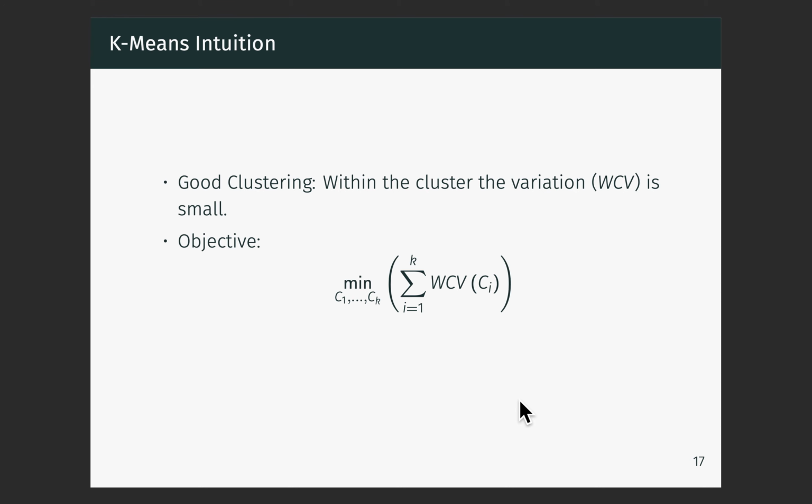So assuming k clusters, we want to minimize the sum of the within cluster variance for each cluster Ci, and you're basically looking at a joint C1 through Ck that you're wanting to learn here, because once you change any Ci, the other clusters are also going to be impacted because each of the points has to be assigned to one or the other cluster. And then we want to minimize this entire term as much as we can.